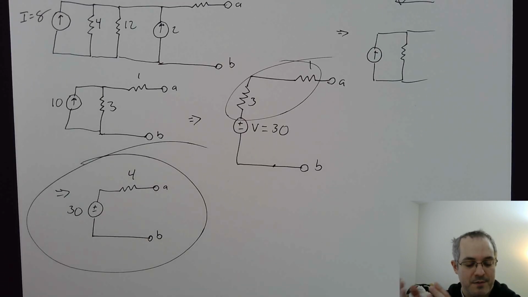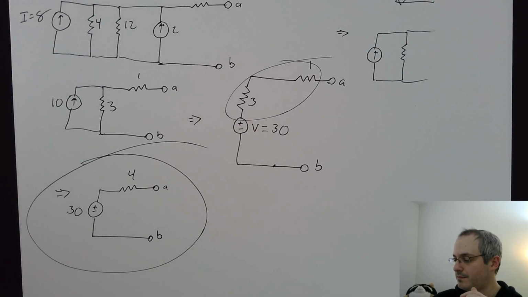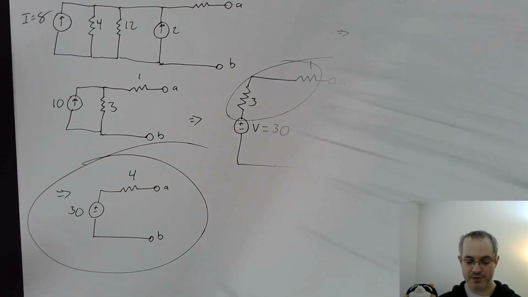It's good practice. Instead of having to do the step process, because as you see, the step process involves doing a whole bunch of extra stuff that you don't necessarily have to do.